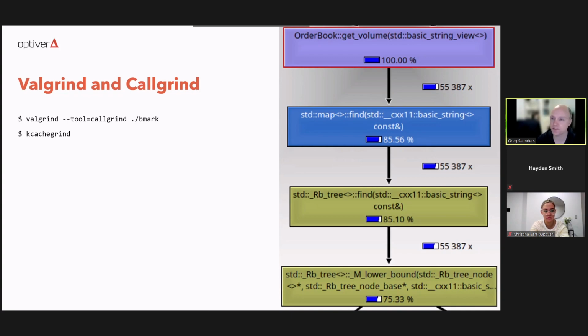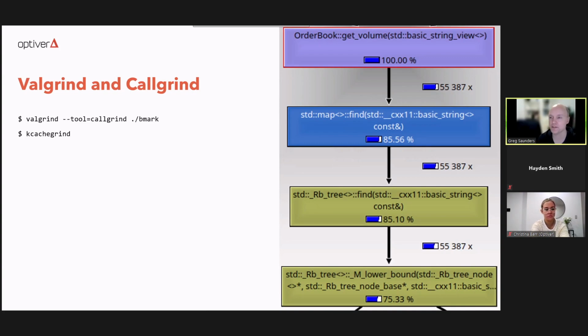You can see that visualization on the right. The Callgrind tool actually produces a file, and then there's a tool called KCachegrind, which is a graphical user interface that can load up one of these files produced by Callgrind and give you this nice graphical representation of what's going on.